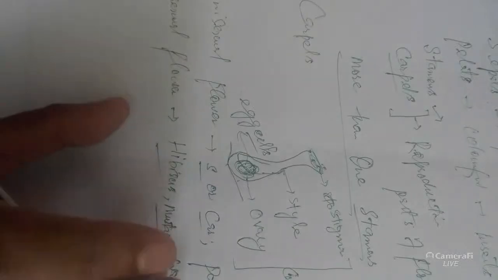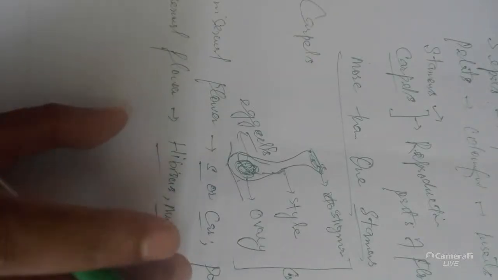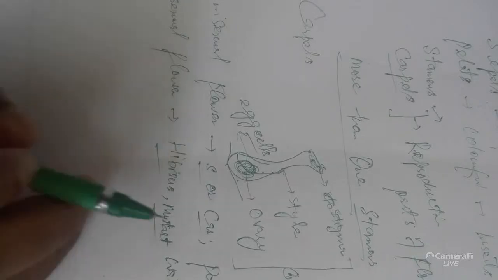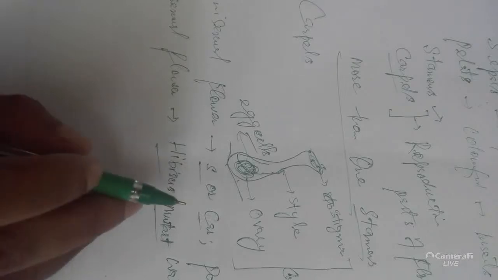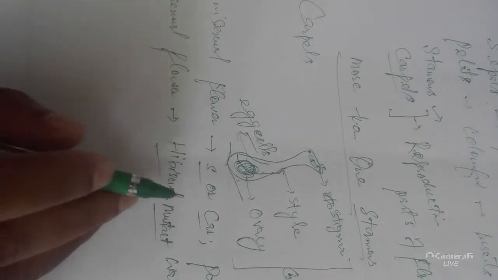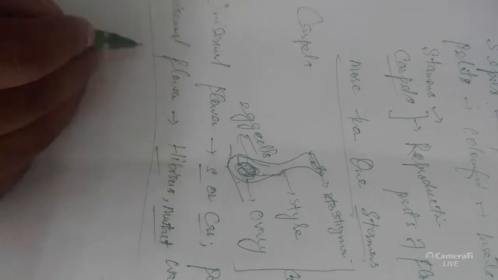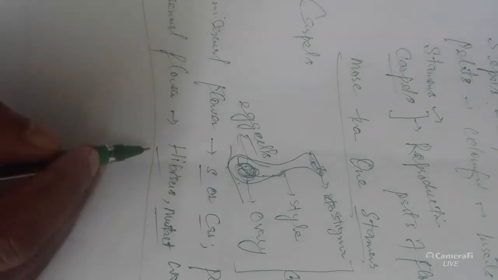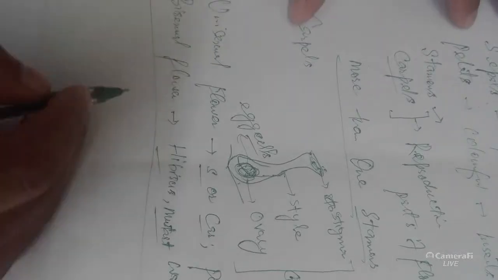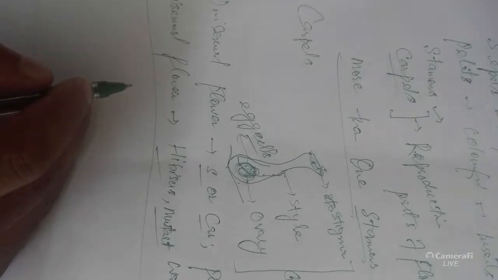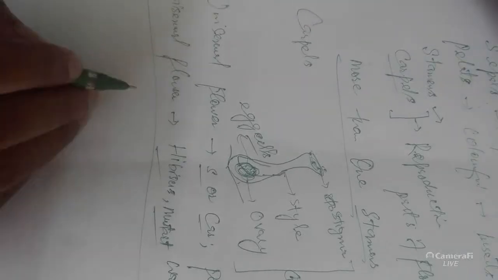Rose is also there, and many more flowers around us. You can collect examples from your surroundings. They are all bisexual flowers. This was all about the structure. We will continue how sexual reproduction takes place in flowers. Till now we have read up to the structure of the different parts of a flower.